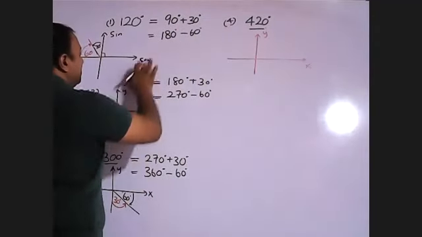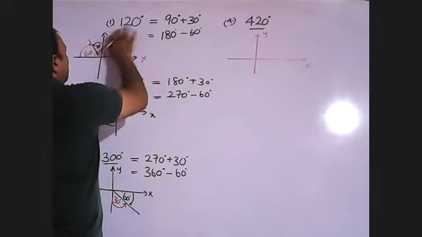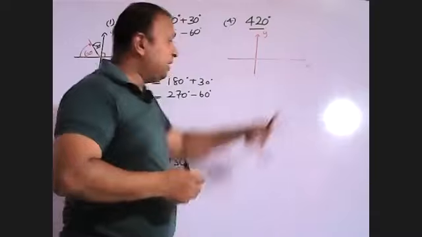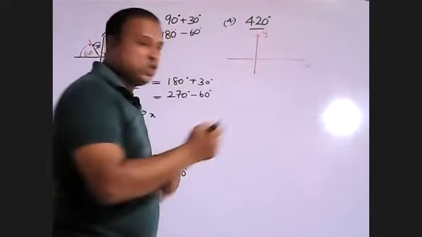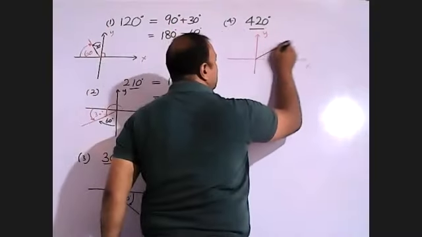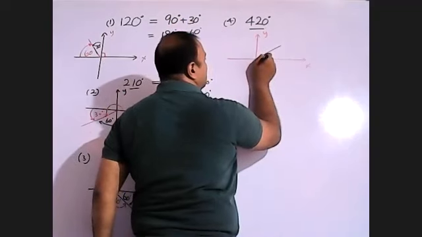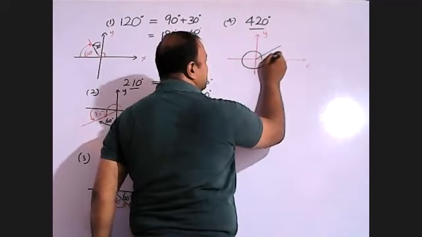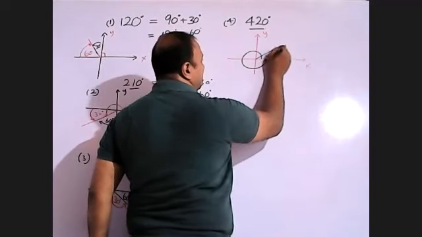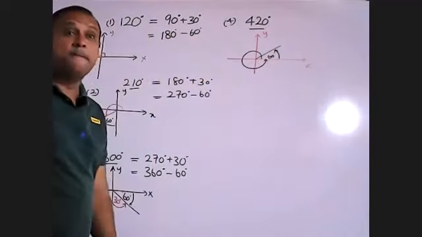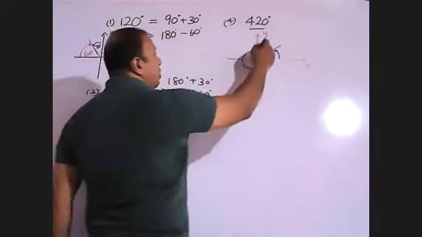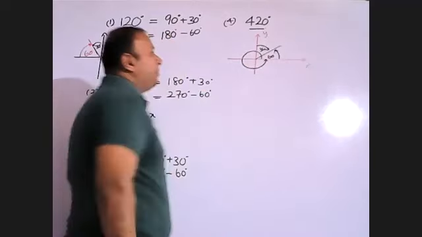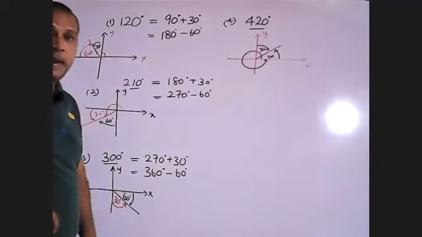Yes. 420 can be written as 360 plus 60. Look at this. 360 plus 60 or 450 minus 30.